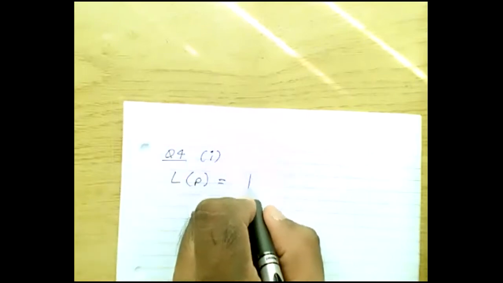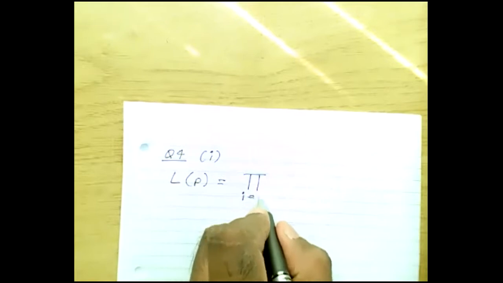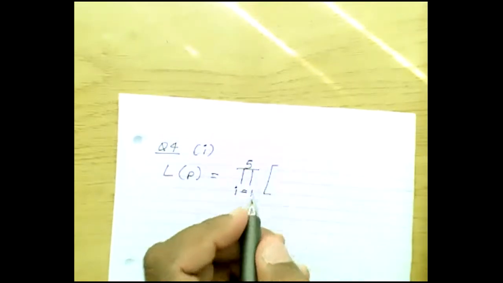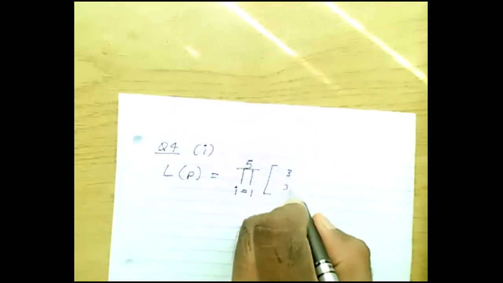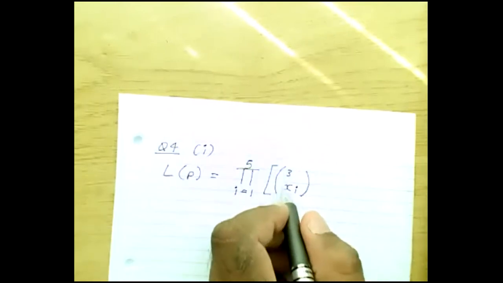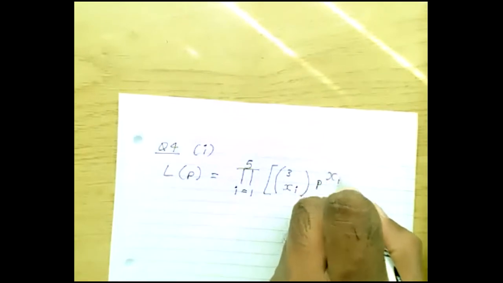So the likelihood is a product, i from 1 to 5, of the density, or in this case the probability mass function, of the binomial distribution with parameters 3 and p.